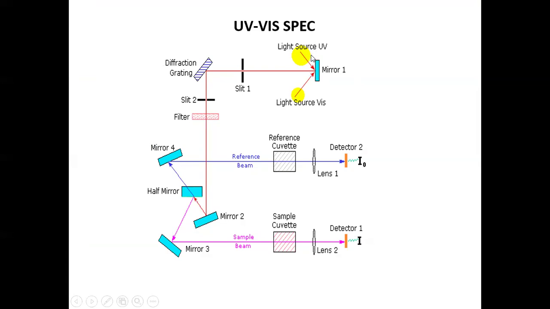So this is a source of light. From the mirror, the light is reflected, falls on a grating, and only that particular light which has to be passed goes through. That is, if you set the nanometer to 400, you require only violet light. If you set the nanometer to 600, it will be only orange light that is falling on it.